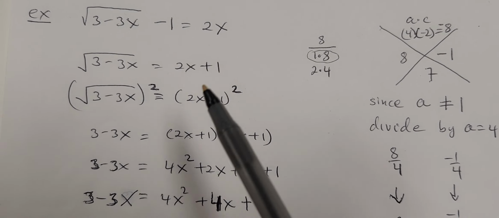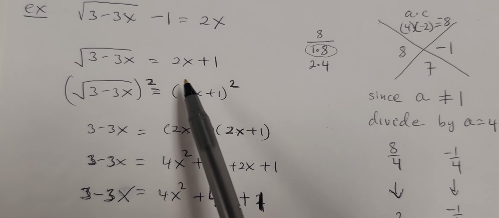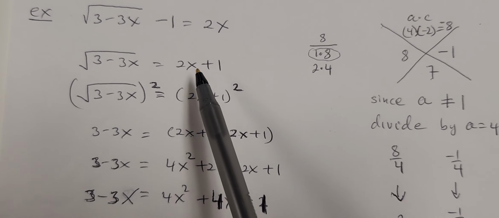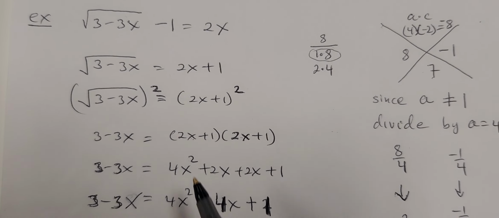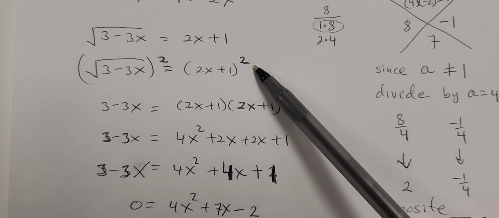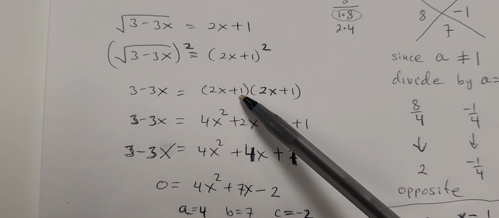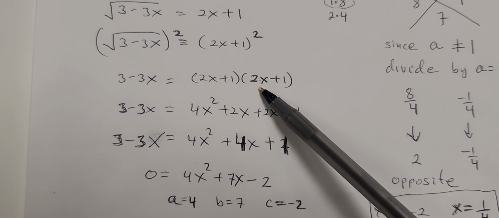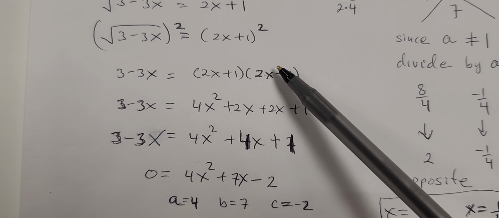So be careful: when you square the right side, square the whole thing, 2x plus 1, and write it out two times, 2x plus 1 and another 2x plus 1.